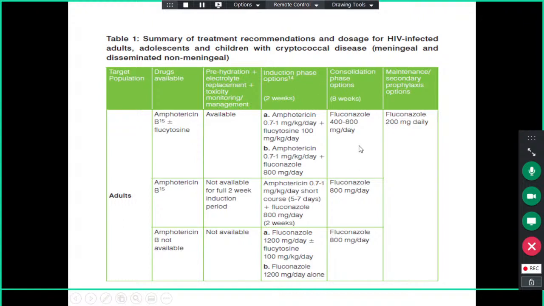Then you can give 8 weeks of fluconazole, 400 to 800 milligrams per day. Then maintenance, that means in an HIV patient, maintenance is given for a very long time.